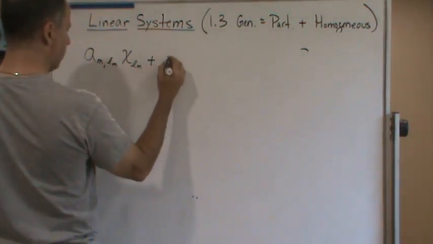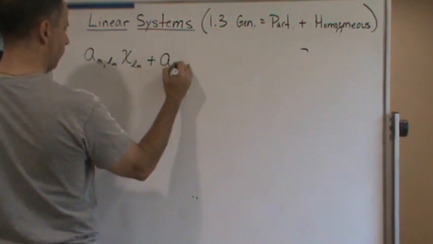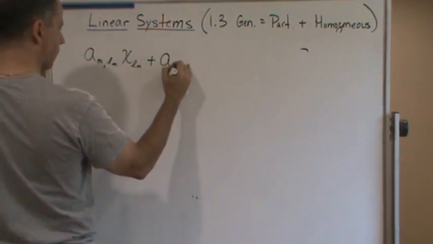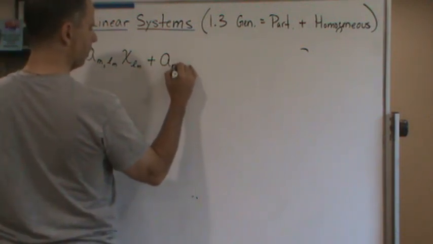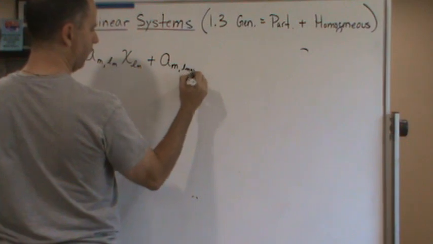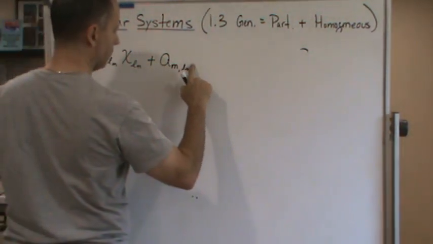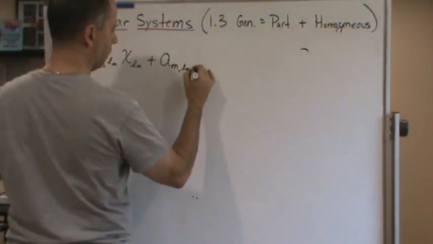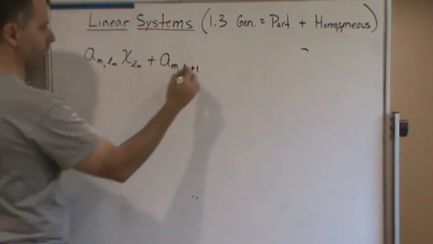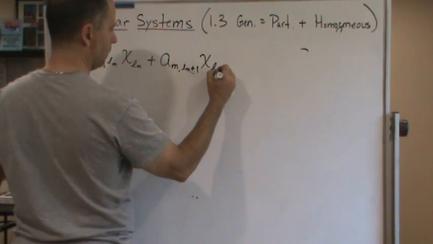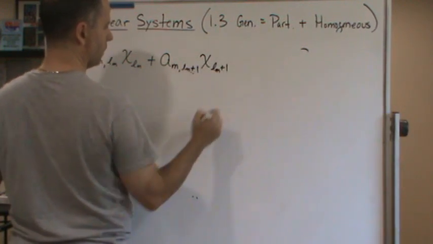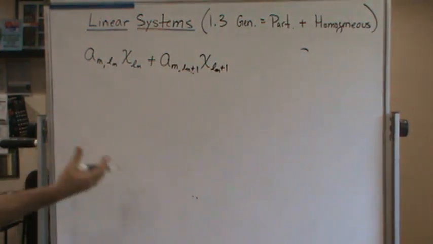So we have plus a sub m comma L sub m plus 1, times x sub L sub m plus 1, because it's the next variable.